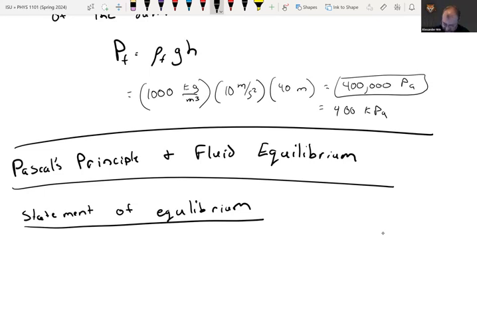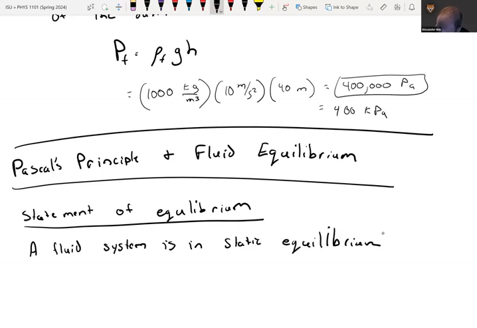So the statement of equilibrium is: a fluid system is in static equilibrium when the pressure at a given height is equal.